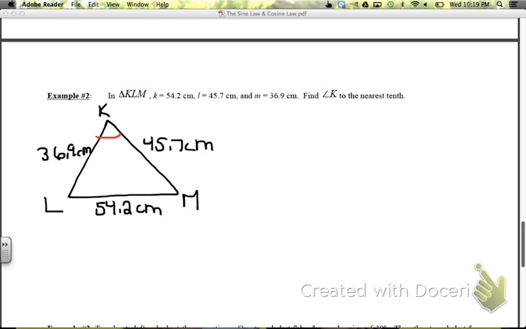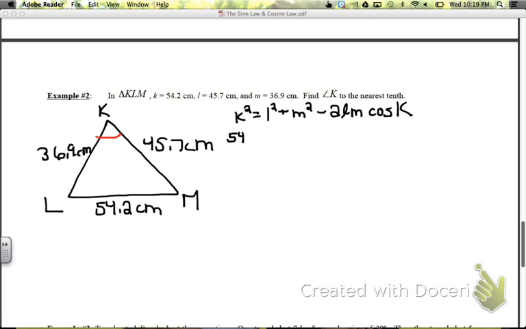So since I'm trying to solve for angle K, I'm going to have it set up as K squared equals L squared plus M squared minus 2LM cos K. So now what I'm going to do is sub in for all my known values.